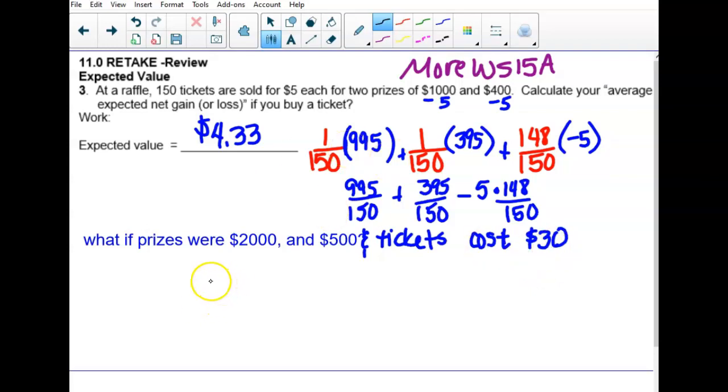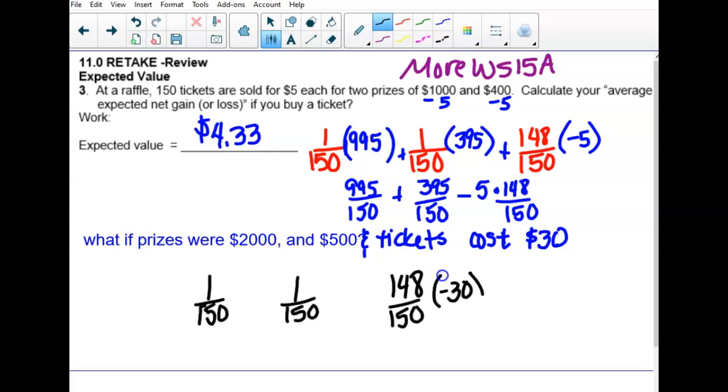Anyway. All right. So 1 out of 150 is a winner. 1 out of 150 is a winner. And 148 out of 150 is a loser. The losers lose $30. Okay, if we're doing $2,000 minus 30, 1970. And $500 minus 30 would be 470.